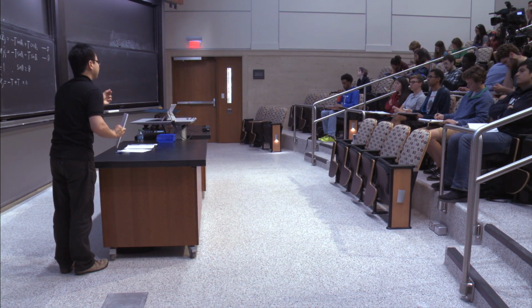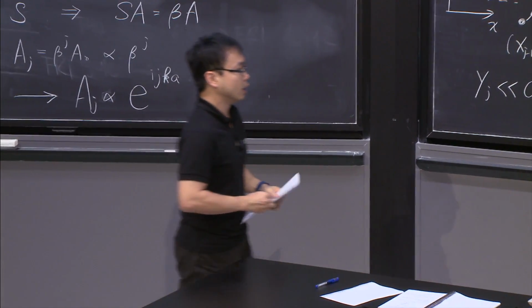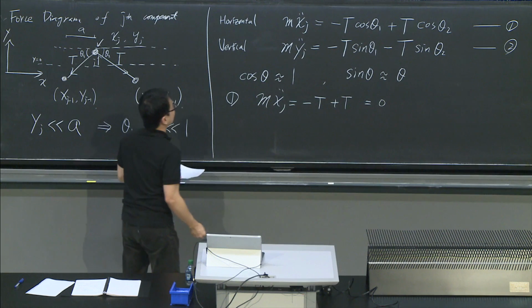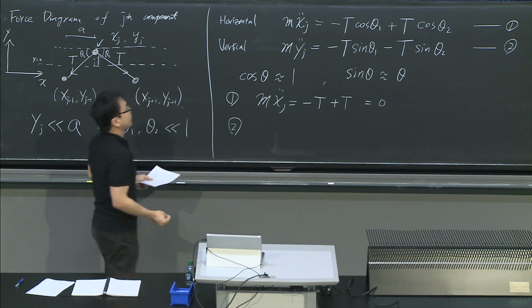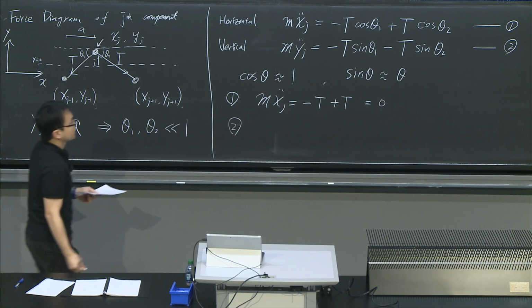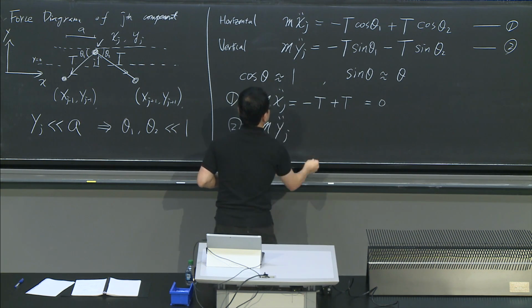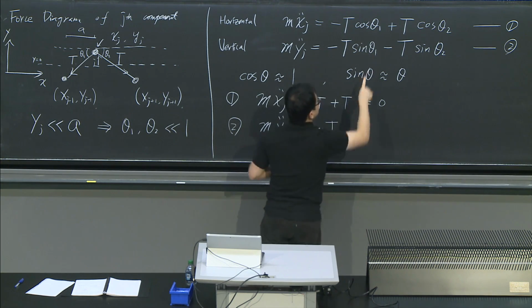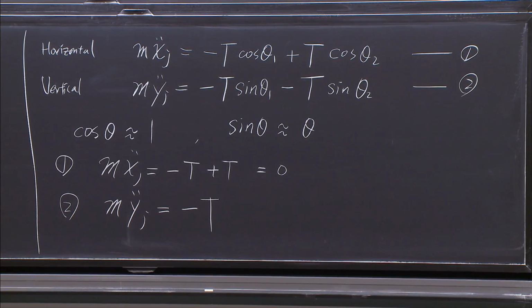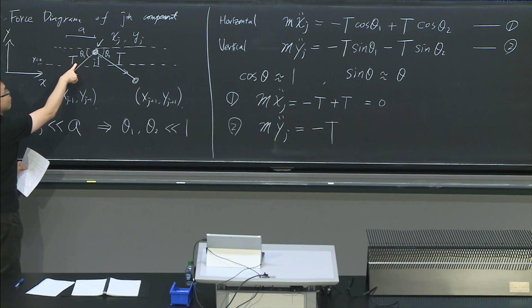That means we will not have horizontal acceleration. Therefore, in the horizontal direction there will be no acceleration, and therefore no movement in the x direction. Now I can take a look at the vertical direction. Basically what I get is m yj double dot equal to minus T sine theta 1. Sine theta 1 is roughly equal to theta 1. So what is theta 1?